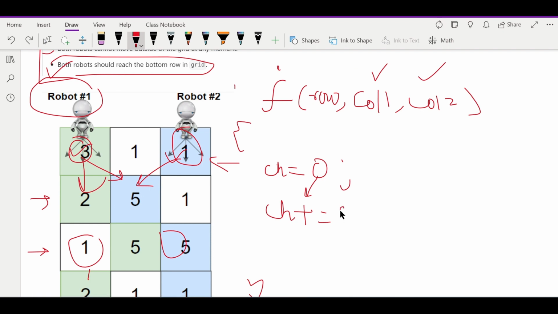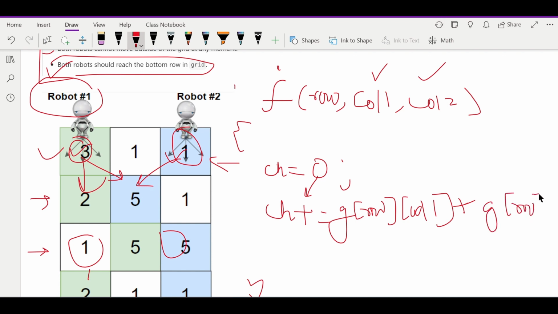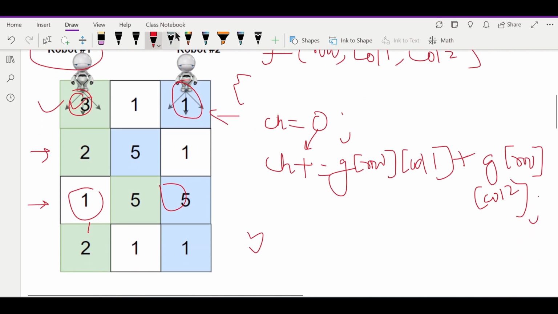So I'll say grid: just add the cherries of the cell in which robot 1 is standing, and also add the cherries of the cell in which robot 2 is standing. Correct.